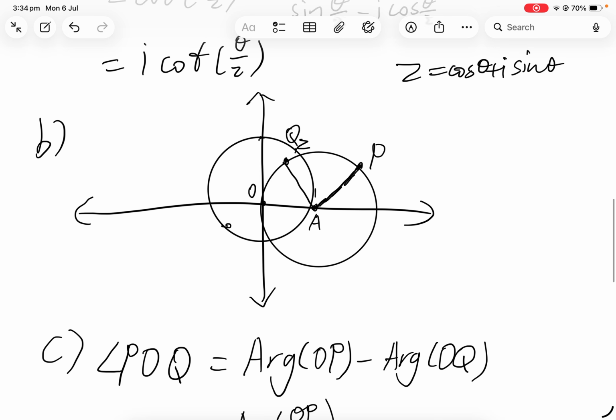Let me think about this again. Is this always the case? For example, if you find a point here, if you plus 1 to that value, it's just gonna be right here.